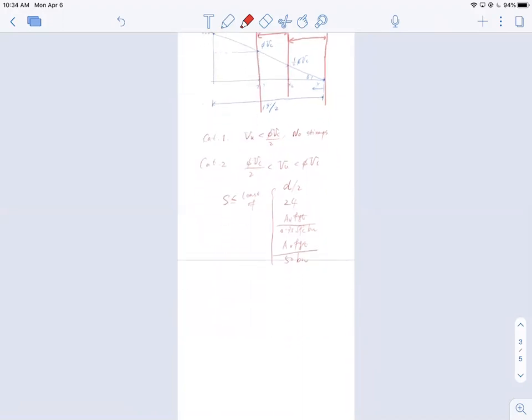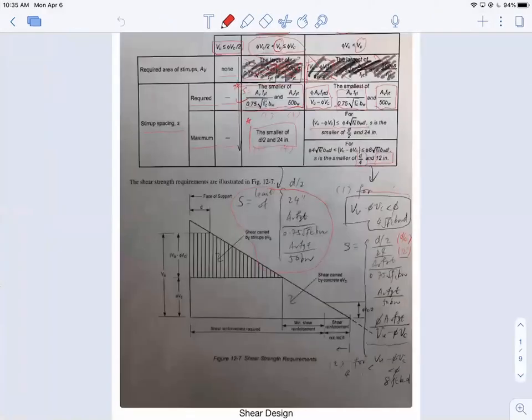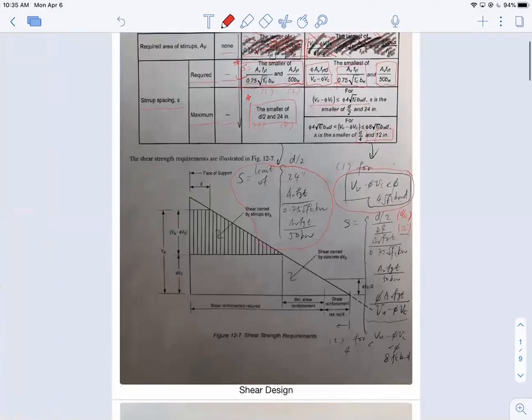Now, where is category 3? It says if VU is bigger than VBC, but smaller than phi times lambda square root of F prime C BW D. In that case, going back, VS is smaller than that.